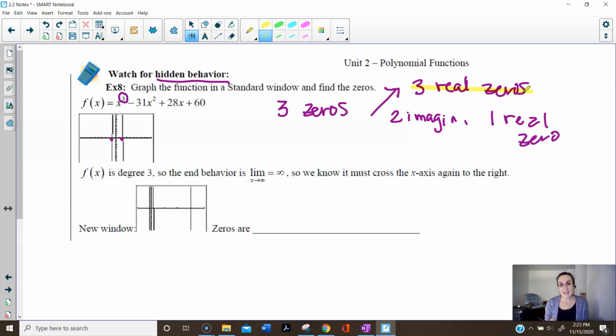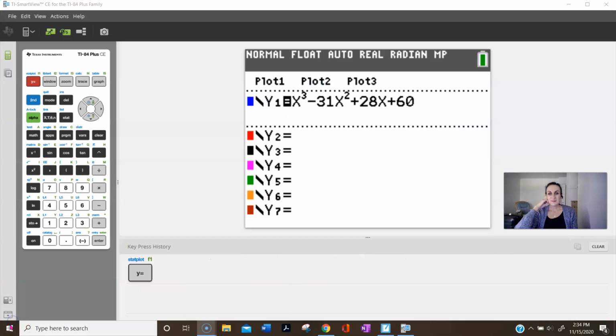So with my graphing calculator, I'm going to need to zoom out so that I can see all 3 zeros. I'm going to switch to my calculator and show you how that works right now. Here you can see I went to y1 and put in my equation, and then I'm going to do a zoom 6.